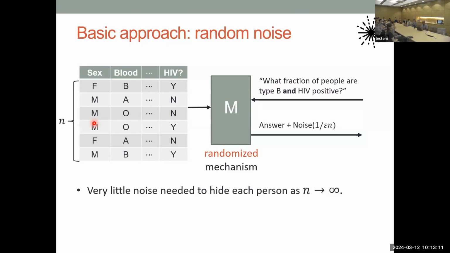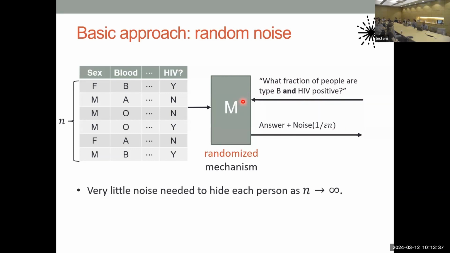How is this achieved? It's achieved by the introduction of random noise into the computations. And so the most basic example is, suppose I have a query that's doing a count or a population proportion. What fraction of people in this data set have some property, say blood type B, and are HIV positive, have a particular disease.